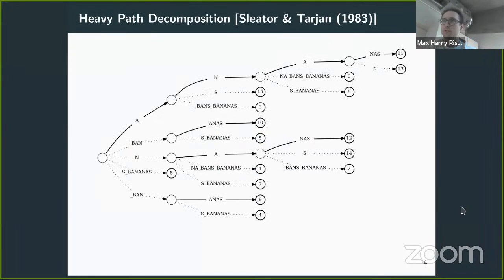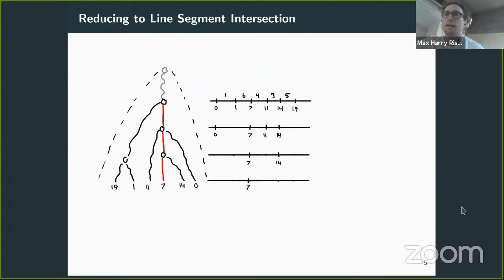The foundation of this trade-off is the heavy path decomposition of the suffix tree. And this is a suffix tree from the example string you saw before. The bold edges are the heavy paths, and off the heavy paths hang the light edges in dotted lines. Then for every heavy path, we take the set of consecutive occurrences at all the nodes, and we encode them as vertical line segments.